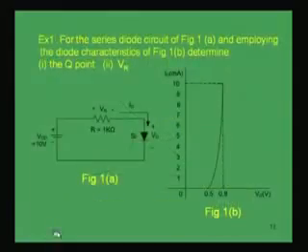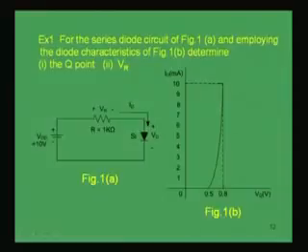For example, now if I consider a series diode circuit given in figure 1, here the applied voltage VDD is 10 volt, the resistance applied externally in the circuit is 1 kilo ohm, and this is the diode, which is a silicon diode, as mentioned here. Now, the diode used in this circuit has the characteristic given by figure 1b. This is the characteristic curve of the diode.